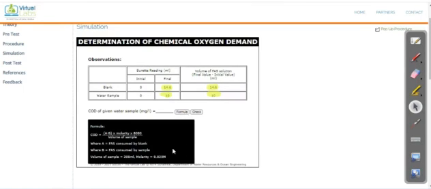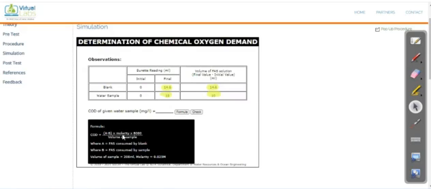The formula appears, and you can write this formula. COD is equal to (A minus B) into the molarity into 8000, divided by the volume of sample. A stands for the FAS consumed by the blank and B stands for the FAS consumed by the sample. FAS consumed by the blank solution and FAS consumed by the water sample.